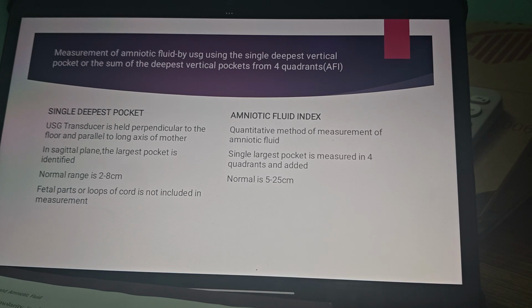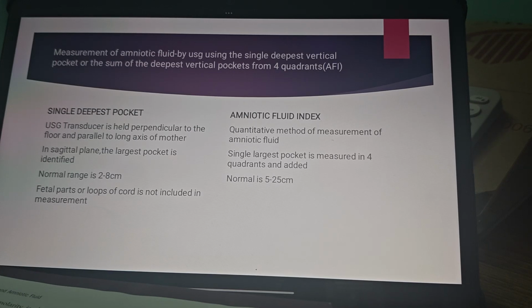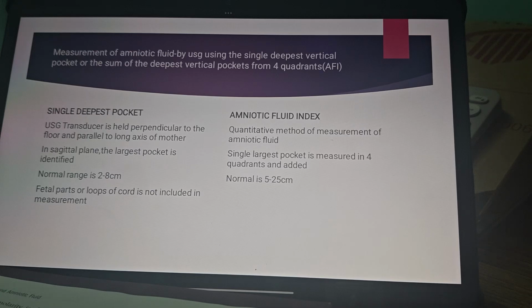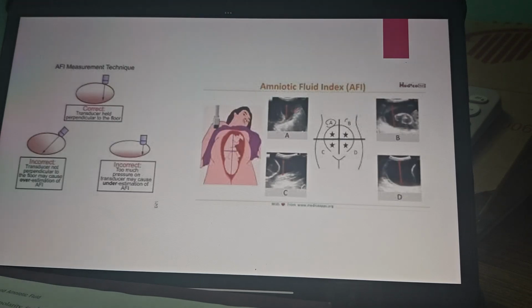Now, coming to amniotic fluid index or AFI, it is the quantitative method of measurement of amniotic fluid. Here, we calculate the single deepest vertical pocket in all four quadrants and then we add them up. The normal value of amniotic fluid index is 5 to 25, less than 5 is oligohydramnios and more than 25 is polyhydramnios.